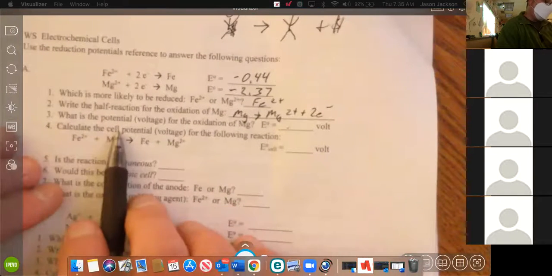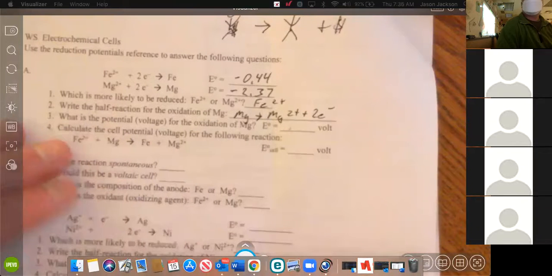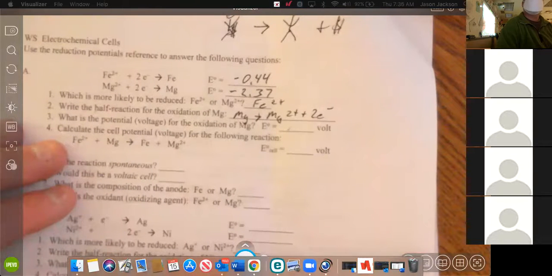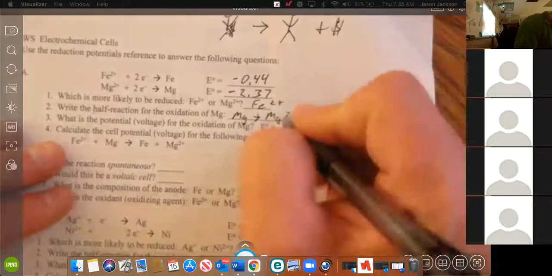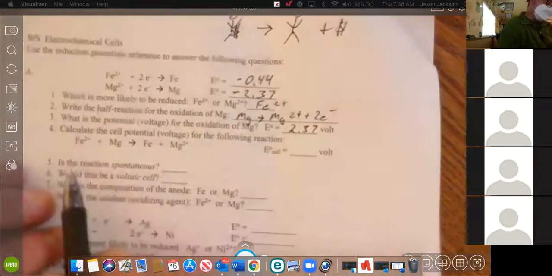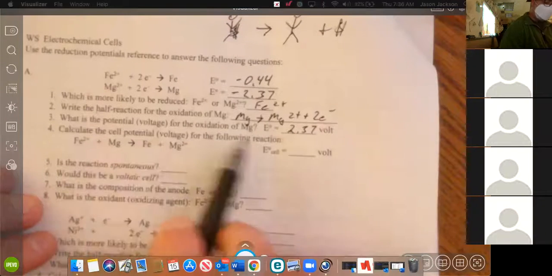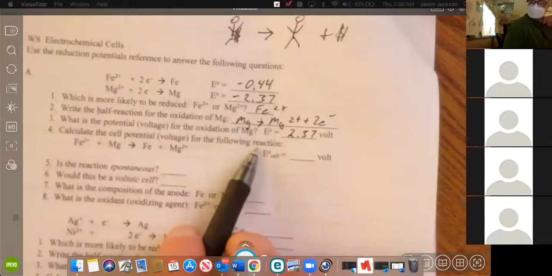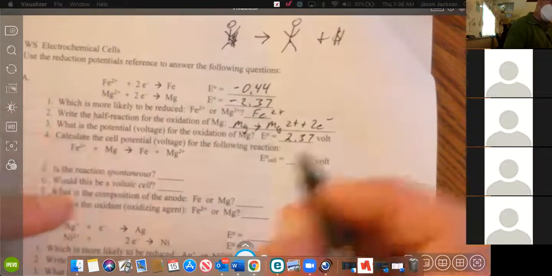So what is the new potential for the magnesium? What is the oxidation potential? Yeah, right, we change the sign, 2.37. So then it says calculate the cell potential here. So we are going to take and basically add these.